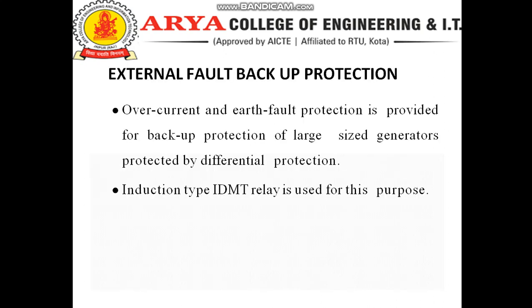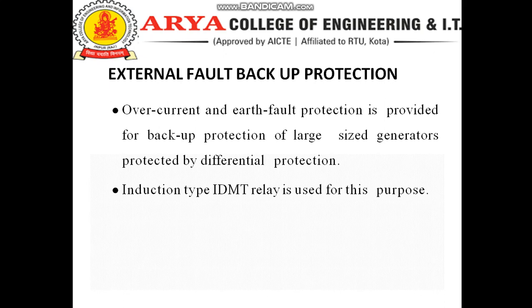Now in this slide we discuss the external fault backup protection. Overcurrent and earth fault protection is provided for backup protection of large generators protected by differential protection. An induction type IDMT relay is used for this purpose, where IDMT is the inverse definite minimum time overcurrent relay.